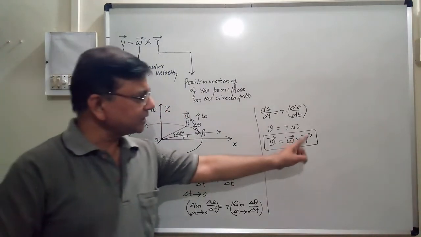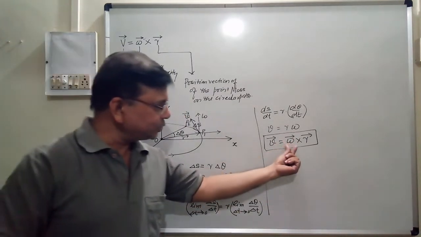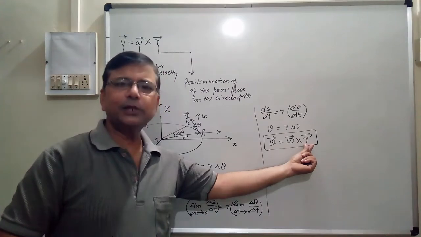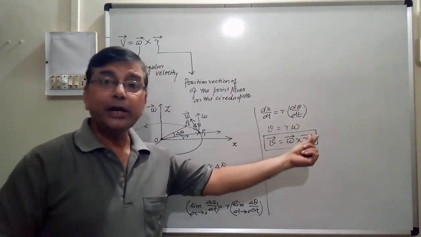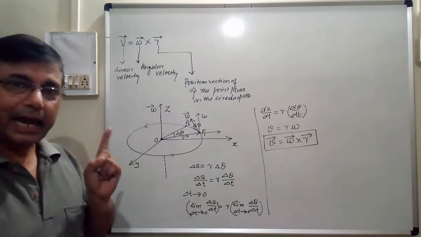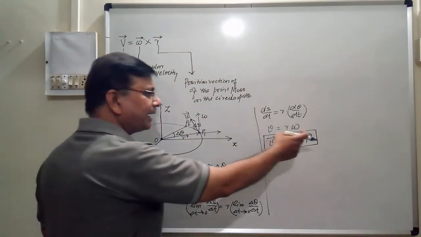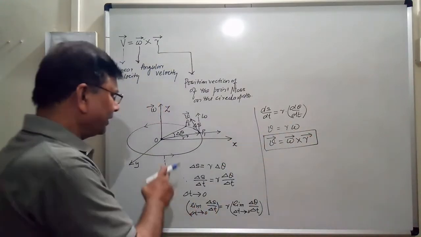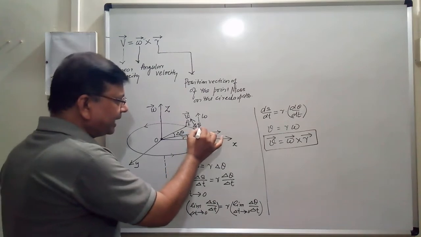And omega cross R means what? The magnitude of omega into the magnitude of the radius vector into sine of the angle between omega and R. So what is the angle between omega and R?